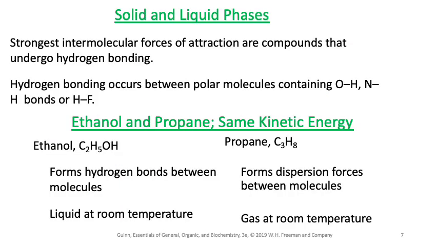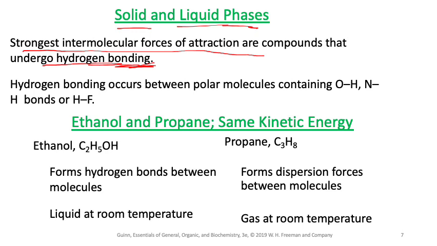So now we're going to talk mainly about solid and liquid phases. We know that in the solid and liquid phases, or states of matter, the forces of attraction are stronger between the atoms that make up the solid and liquid. The strongest intermolecular force of attraction that a compound can have is hydrogen bonding, because hydrogen bond is the strongest intermolecular force that we already discussed in the previous chapters.